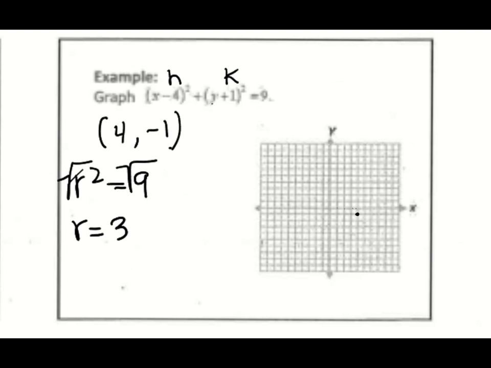So I have 1, 2, 3, 1, 2, 3, 1, 2, 3, and 1, 2, 3. That means all these points here are on the edge of my circle because my radius goes from the center to the edge of my circle. So then I'm ready to connect my points and I have a circle. Pretty close to a circle, if I could draw one.